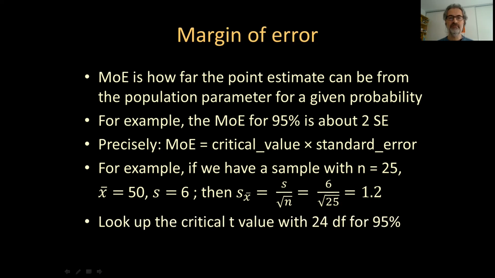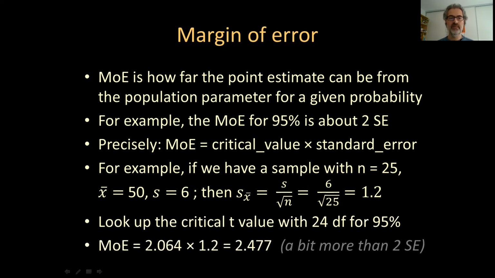What is the critical value of t with 24 degrees of freedom for 95% probability? Look it up on the app. It turns out to be 2.064, just a bit more than 2. So this is the number we need to multiply with the standard error to give us the margin of error.